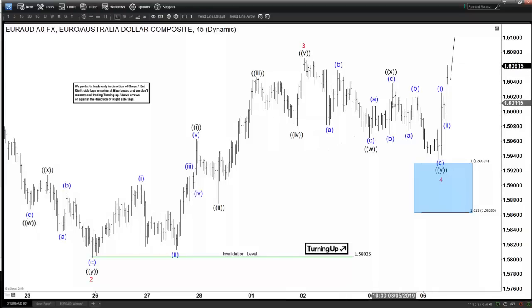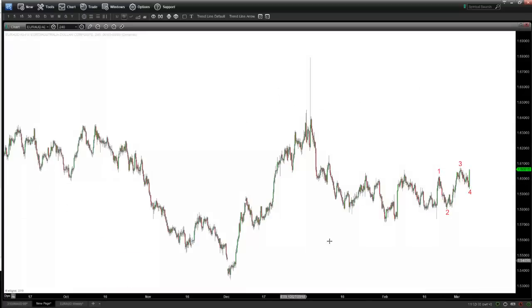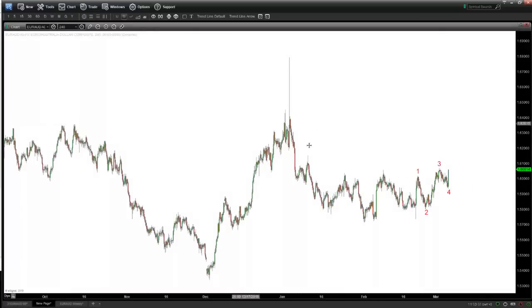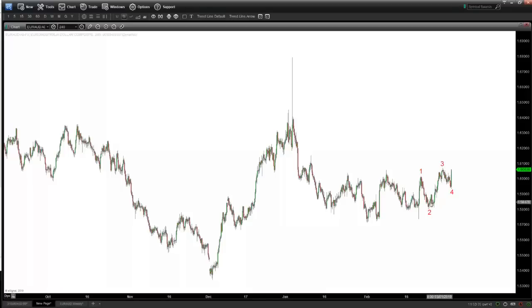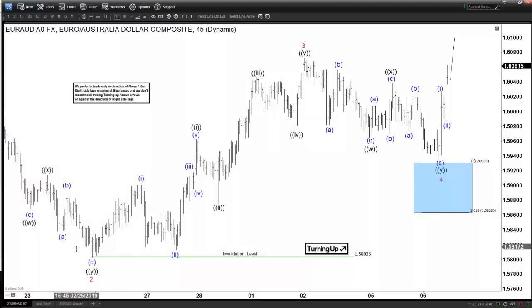Now if we look at the larger time frame, let me go to the 4-hour. We can see this is the count that I'm placing here to correspond to the 1-hour chart or the 45-minute chart. This is 2, 3, 4, right?